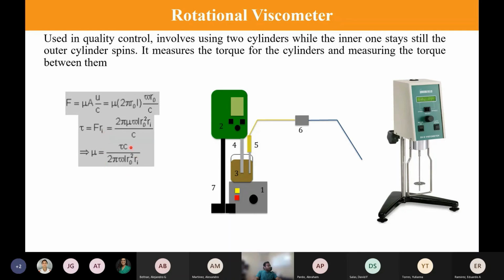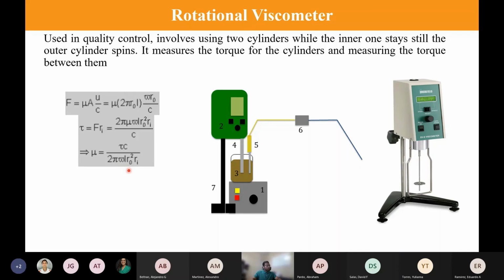So you can get all these things from here. You can figure out the viscosity using this equation. All you have to know is the angular velocity, the torque that you are applying, the R naught, or the diameter of your cylinder, and all the other parameters like the dimensions of the whole setup.